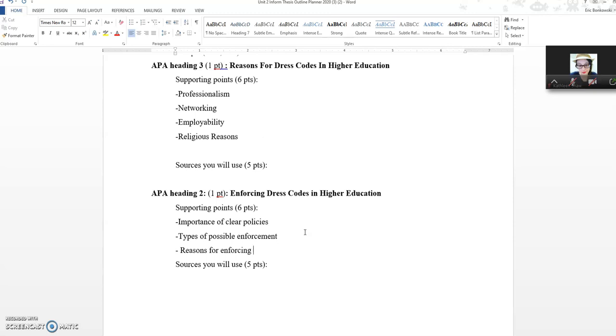What I'm planning to talk about in this section is how it's important that in these places there is a really clear policy. And maybe in here I'll also talk about the fact that, believe it or not, there is a certain expectation of how you should dress, even at a place like Del Tech.